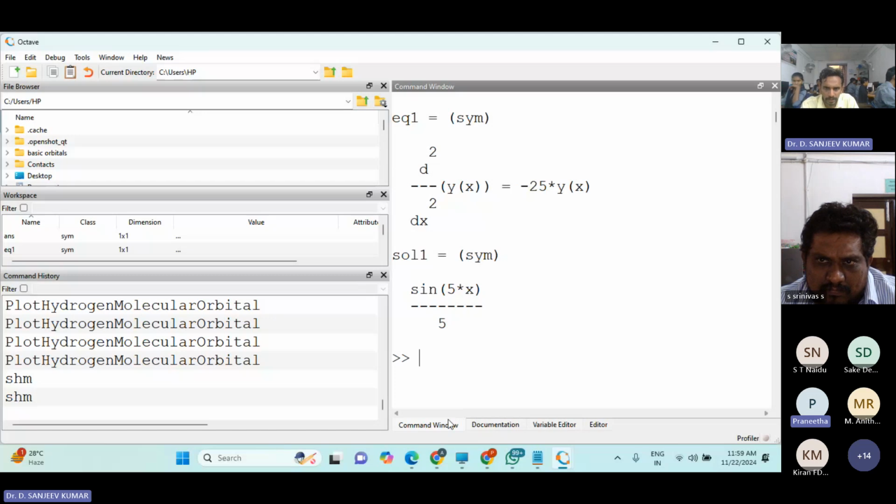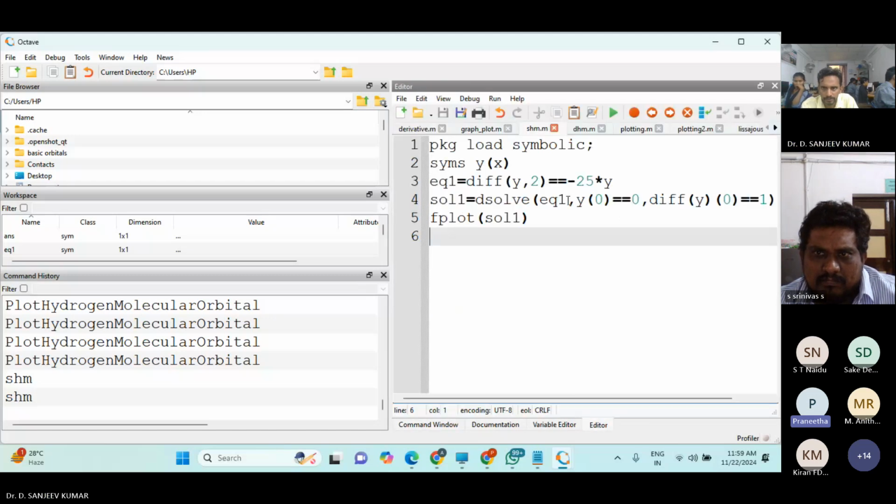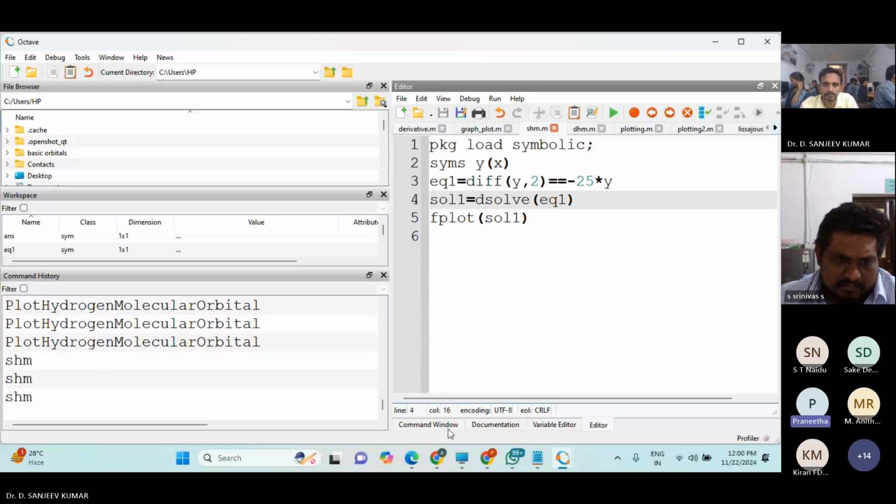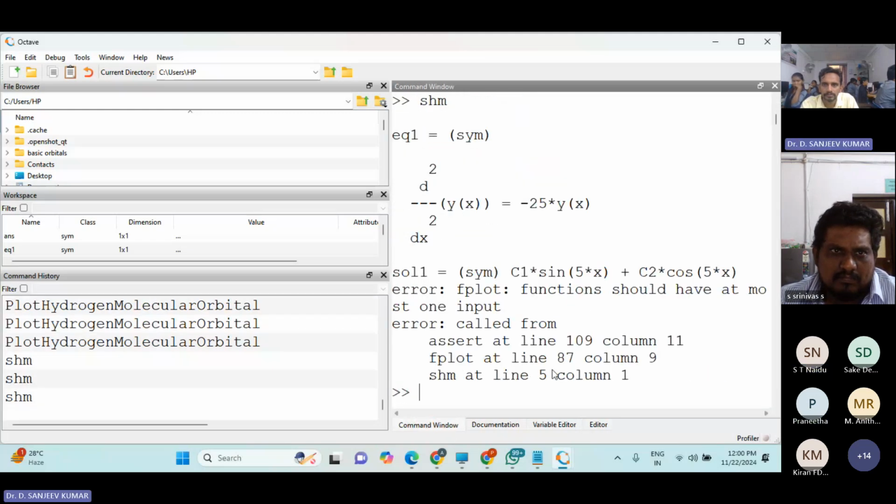So if we don't supply the initial conditions, check what happens. If we don't supply the initial conditions, so plot got an error, that's okay.